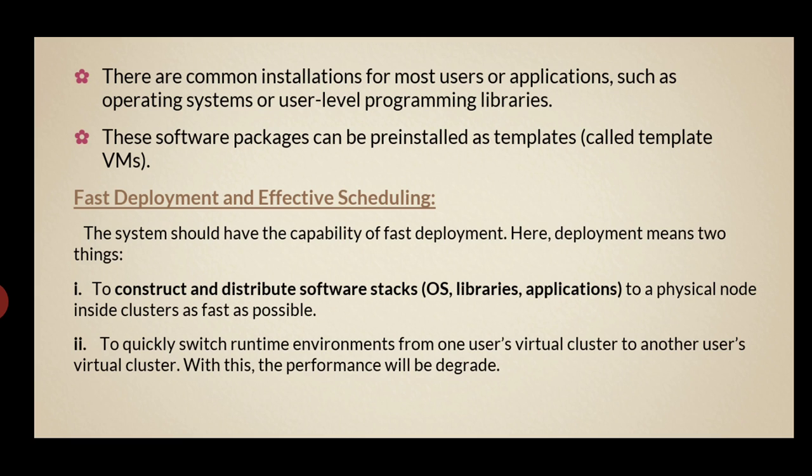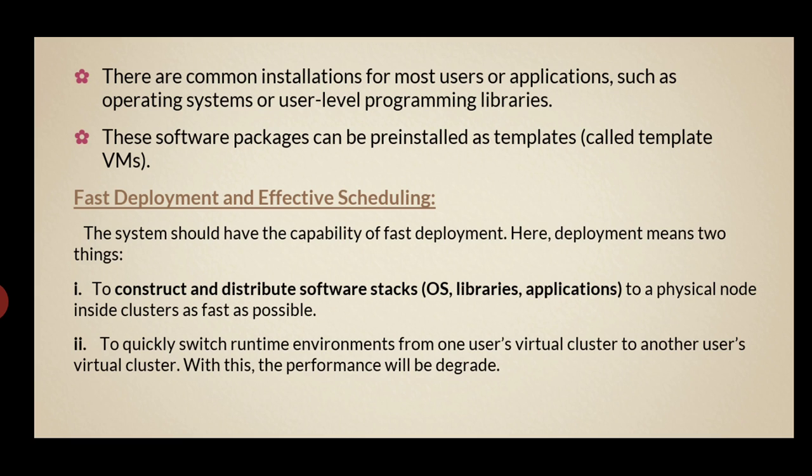First of all, fast deployment means two things: to construct and distribute software stacks like operating systems, libraries and applications to a physical node inside clusters as fast as possible, and to quickly switch runtime environments from one user's virtual cluster to another user's virtual cluster.